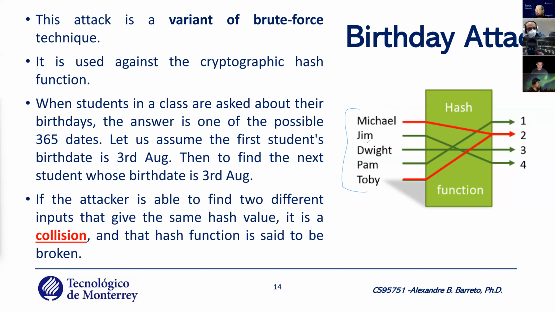Did you understand the question? You need to have 5 different values. How many bits do you need? 3. 3 bits, exactly. Because 1 bit is 2 values, 2 bits is 4 values, and 3 bits is 8 values. Am I correct? Okay. 3 bits.